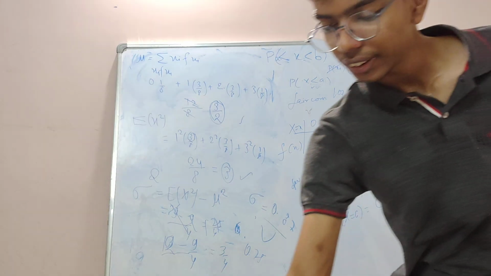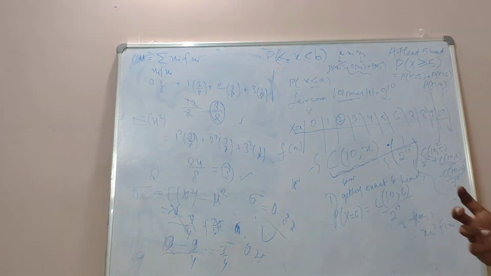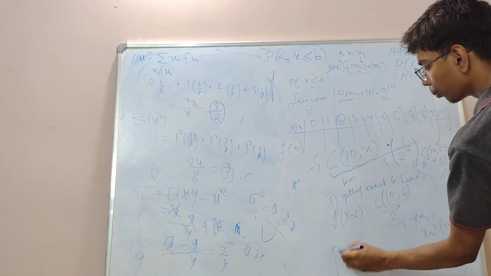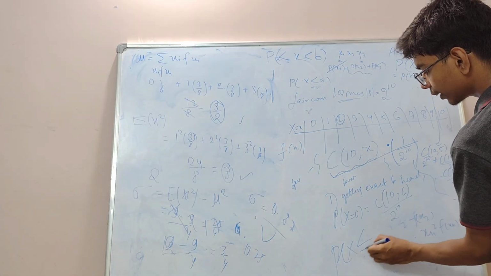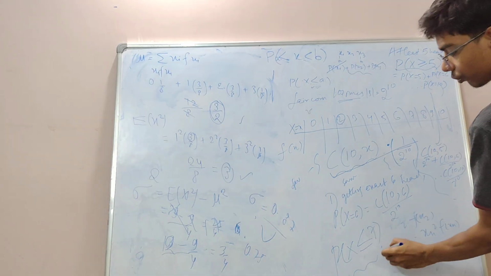And suppose my question is asking at most 7 heads. So it will be probability of x less than or equal to 7, and the same thing I did for this, I will also do for this.